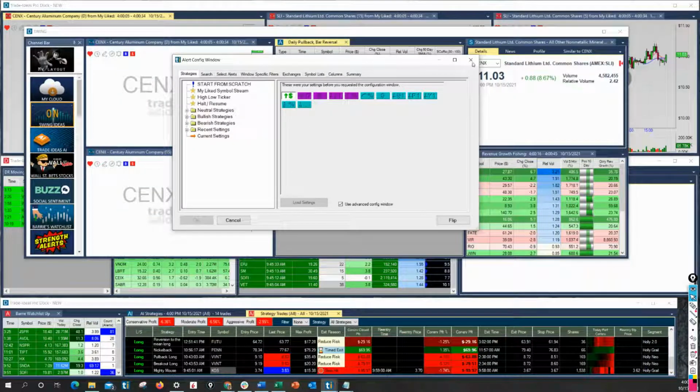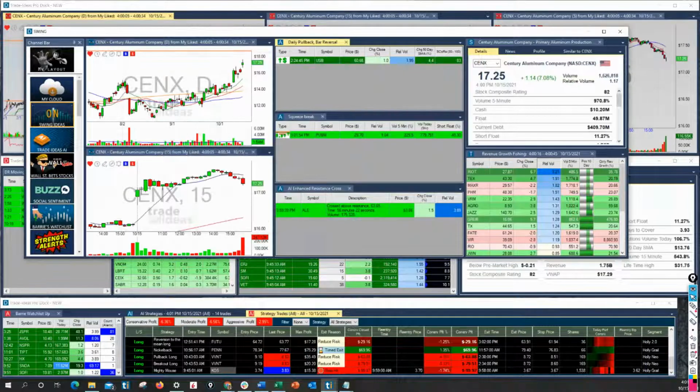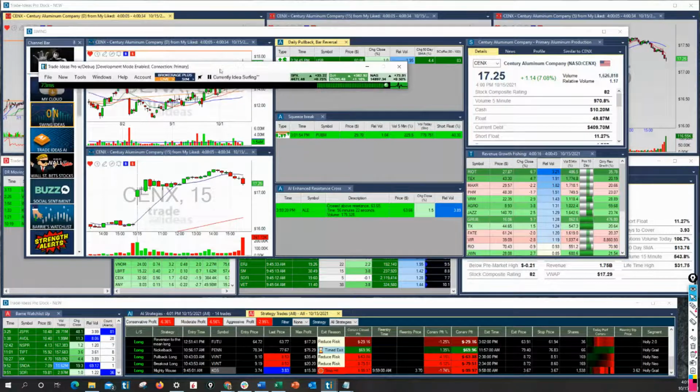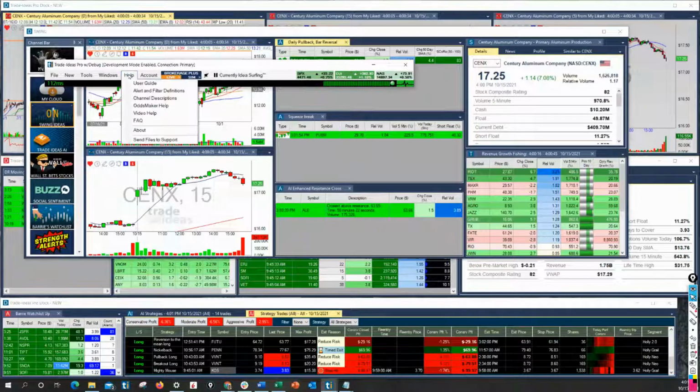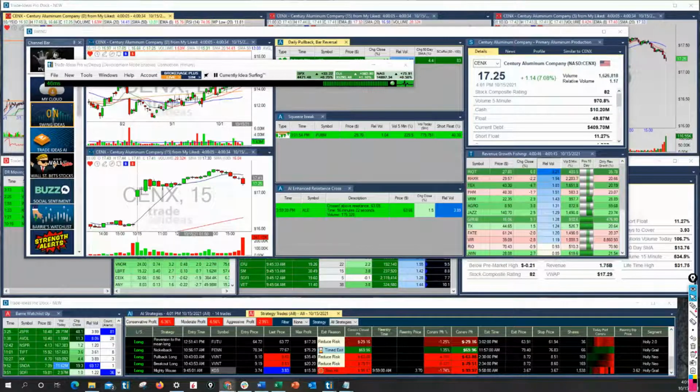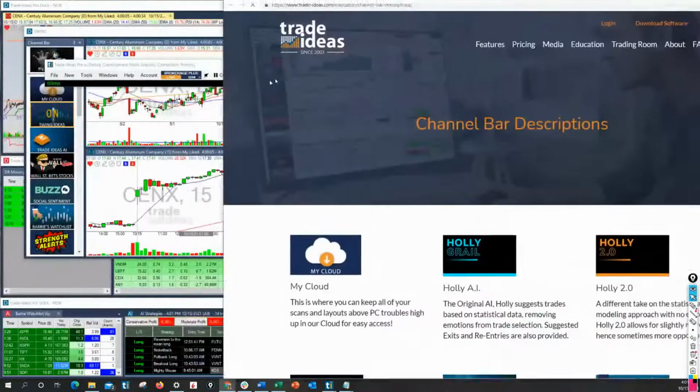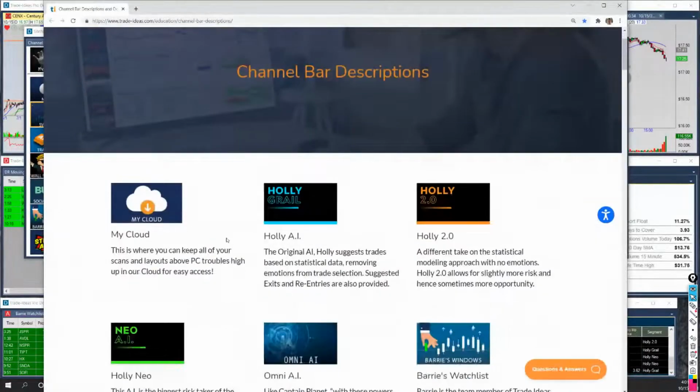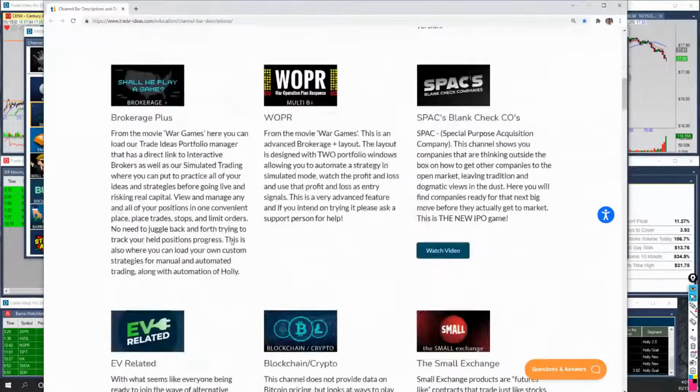The other thing that I'd like to share with you really quick is, if you don't know, in the menu bar, if you come to help, we have the user guide you can get to right there, definitions of alerts and filters, and channel descriptions. And when you click that, that will give you this web page that I'm about to bring over for you to see right here. And it's going to go through all these different items here.